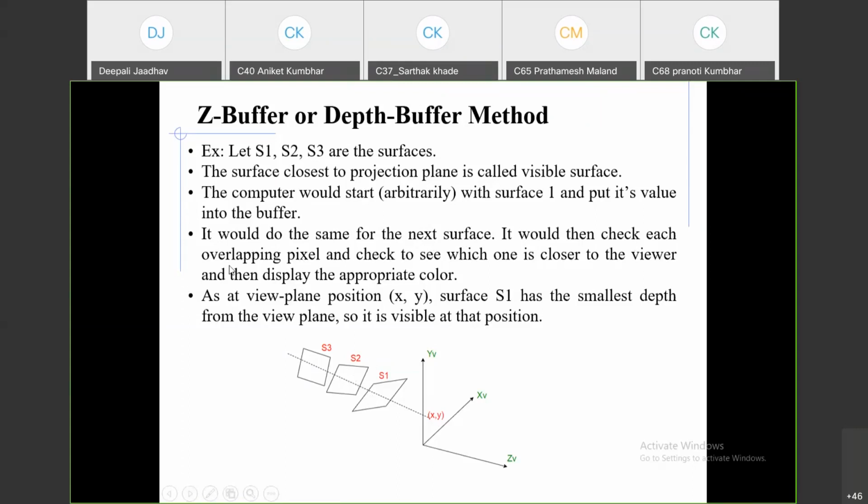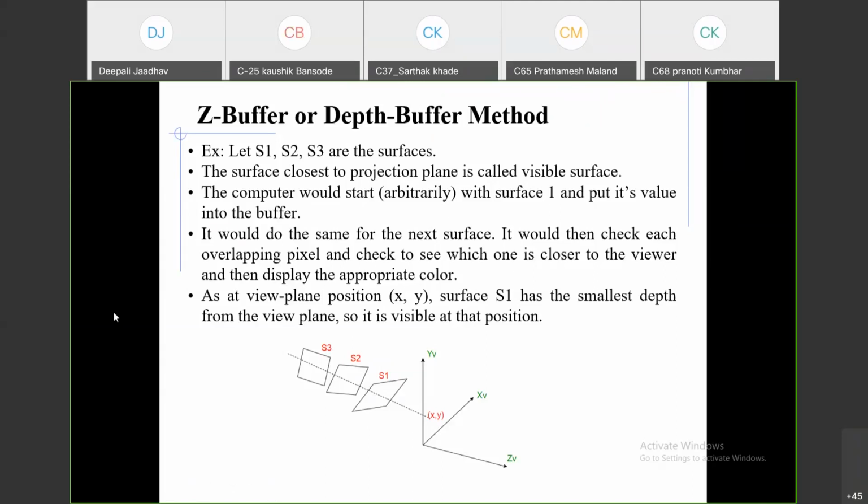It would then check each overlapping pixel, meaning these pixels overlap with this pixel. Whichever is closer to the viewer is stored in the frame buffer, and that appropriate color is displayed. In S1, suppose only this part is visible.